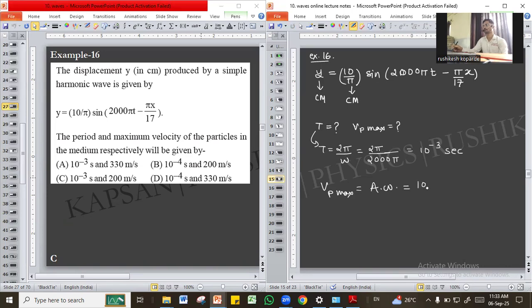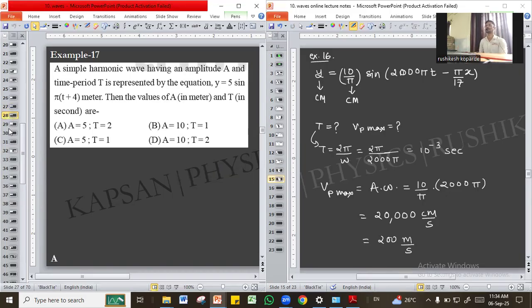A is what? 10 by pi. It is in centimeter. Omega is in radian per second. Forget the radian, you will get centimeter per second. So that will be 20,000 centimeter per second. So 200 meter per second. Solve this.